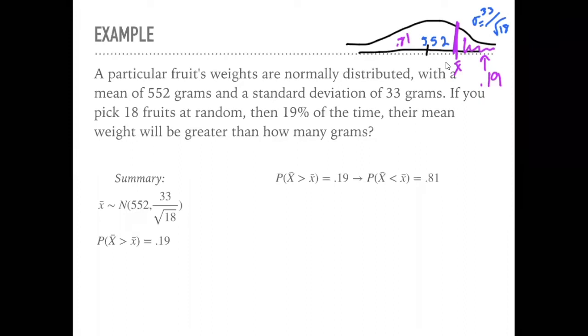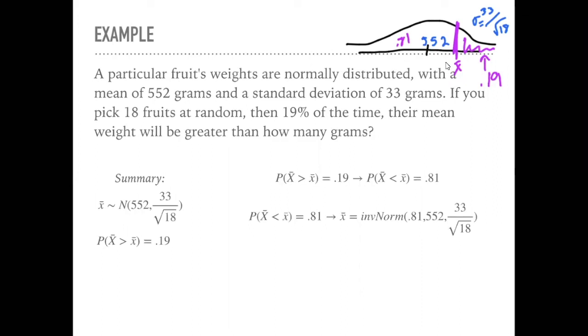So we know that our sample means are normally distributed with a mean of 552, standard deviation of 33 over square root of 18. We're looking for the probability of being larger than some value equal to 0.19. That gives us the area to the left of 0.81.